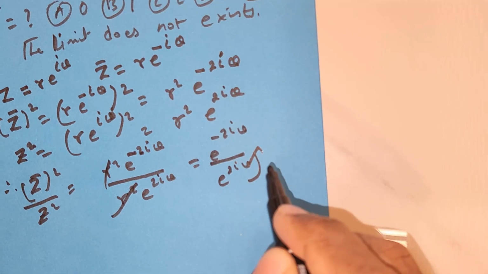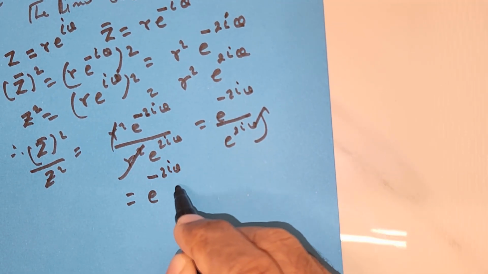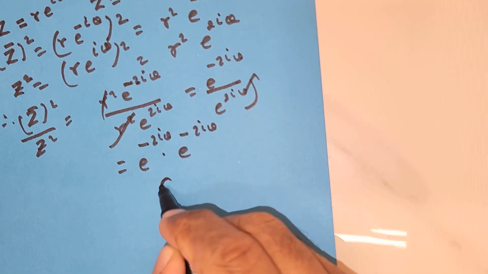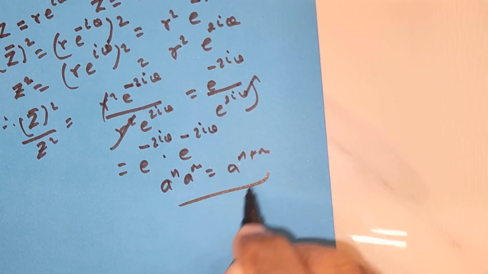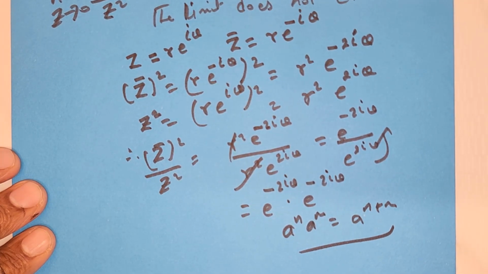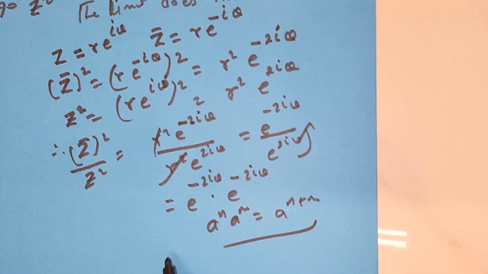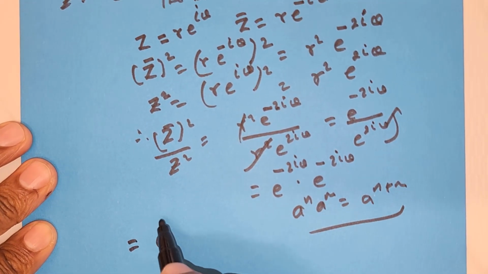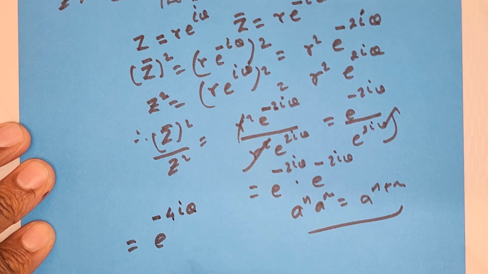Now you can move this to the numerator. This is e raised to the power of negative 2 i theta multiplied with e raised to the power of negative 2 i theta. Now a raised to the power of n times a raised to the power of m is a raised to the power of n plus m. So by that, this entire component can be rewritten as e raised to the power of negative 4 times i theta.